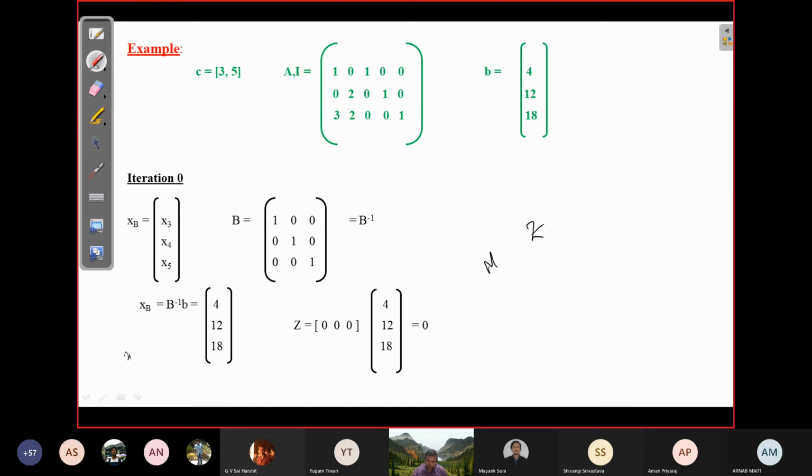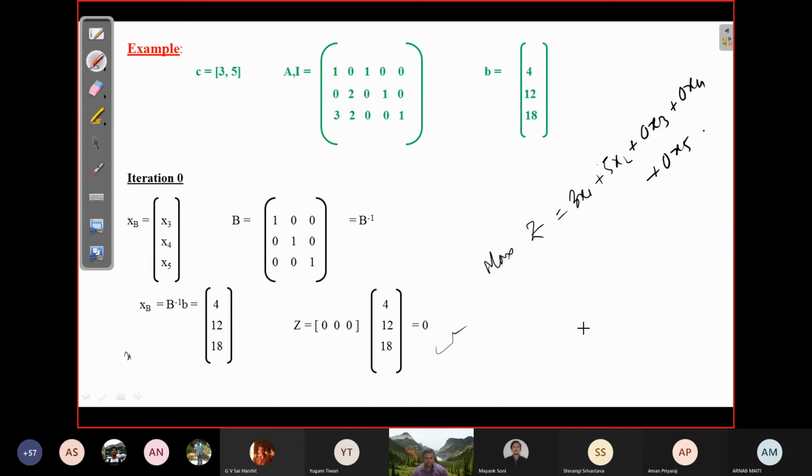Max Z equal to 3x1 plus 5x2 plus 0x3, 0x4 and 0x5, for the slacks. So here CBT would be 0, 0, 0 for these basic variables, and with 4, 12, 18, Z is 0, which is the right-hand side. And this is exactly what we got from the table, right?